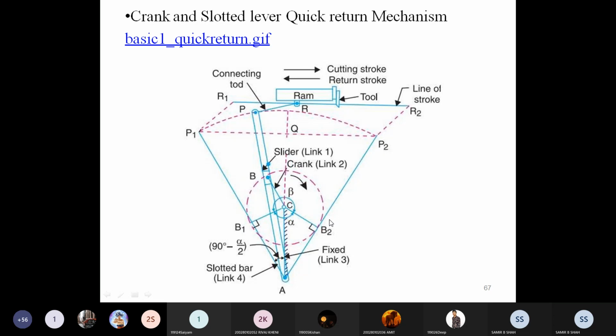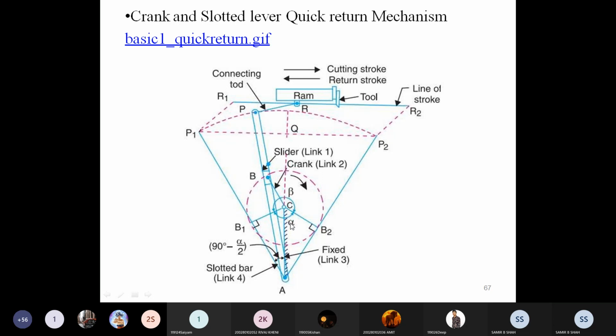At that time we definitely generate the cutting stroke and non-cutting stroke. This is known as beta, the cutting stroke, and this is called alpha, or 360 minus beta. This mechanism is mostly used in shaping machines and slotting machines.